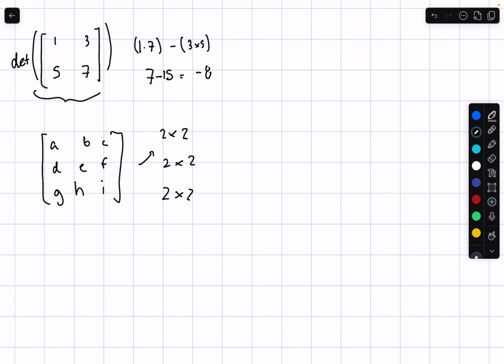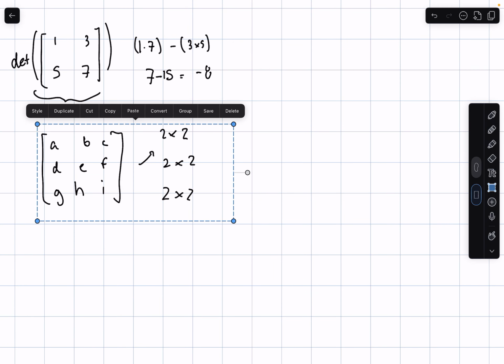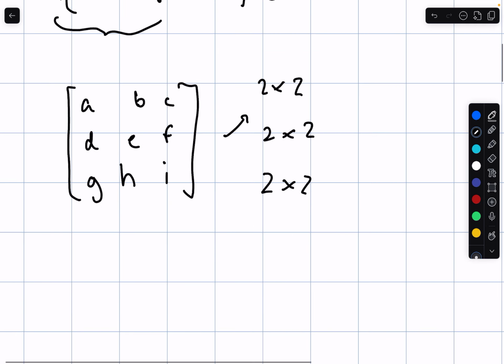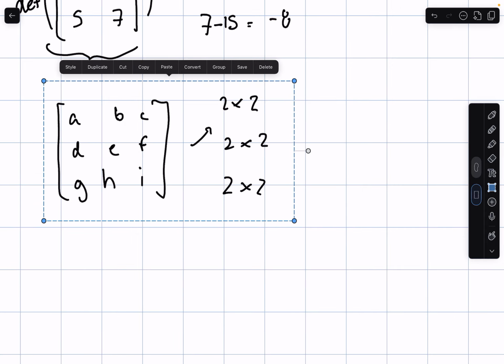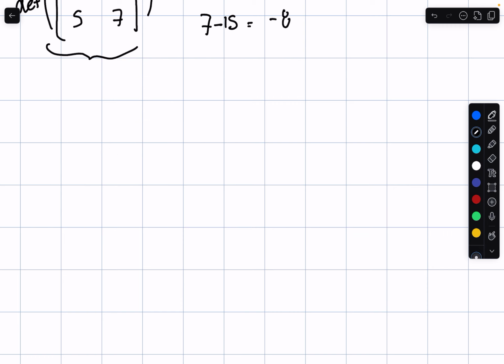So what is cofactor expansion? When we go along a row or a column, we can use these values to tell us how we're going to make these 2 by 2 matrices that are going to give us the same determinant.